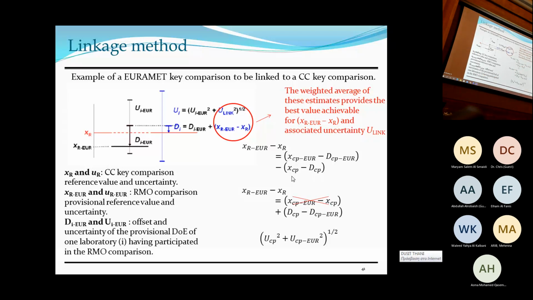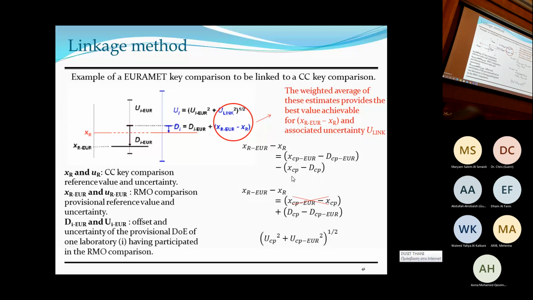What's that? No, it's not done by the BIPM. It's done by the pilot, whoever is running the key comparison. But it's not that difficult. You need the information. Which information?